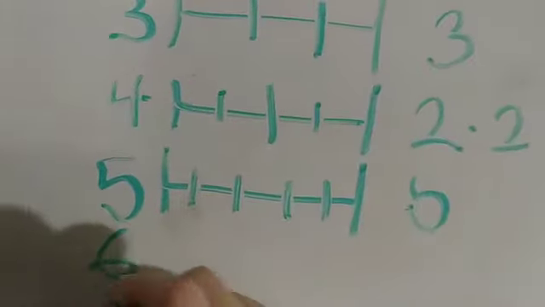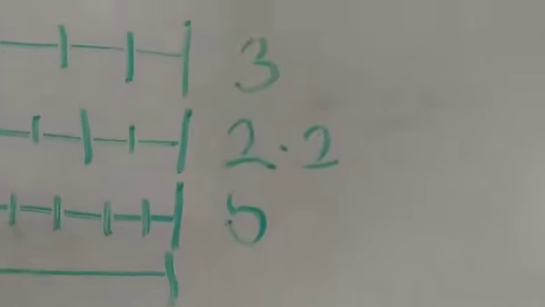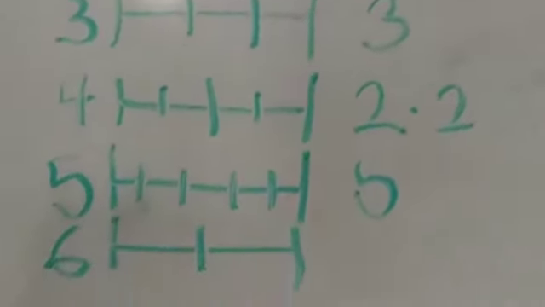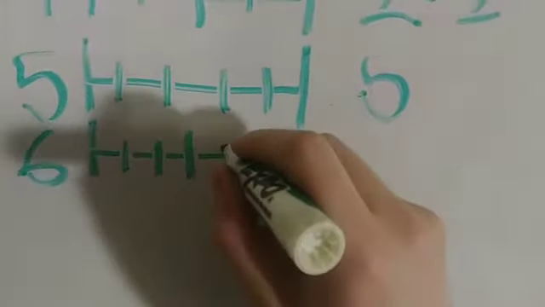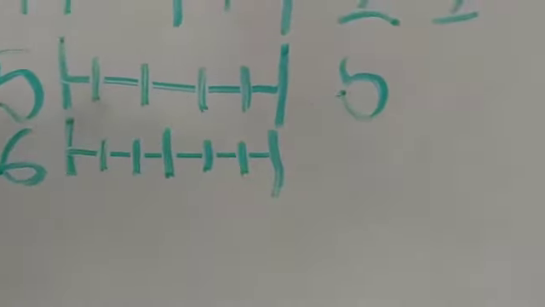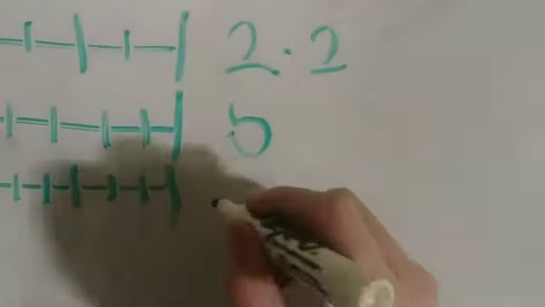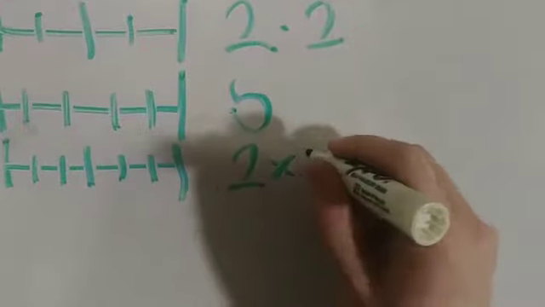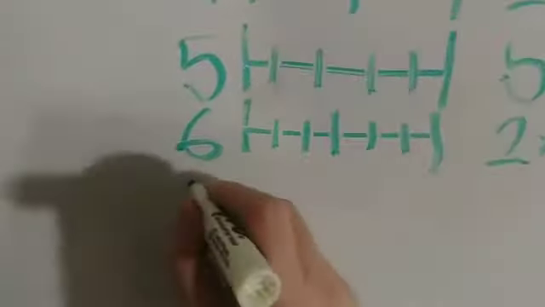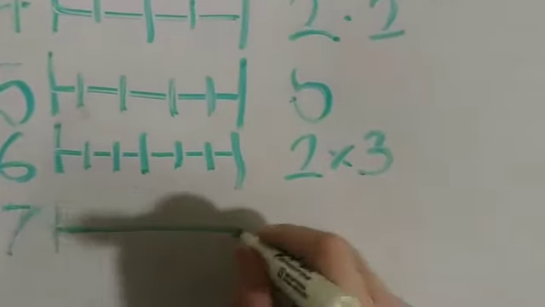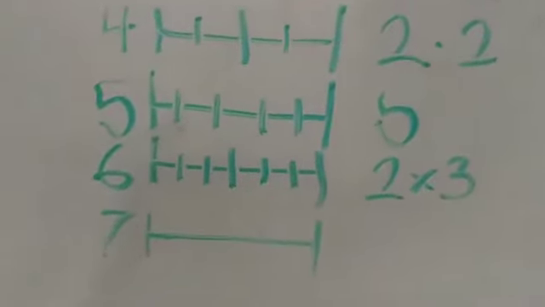6 is a really great number because it's the first one that uses 2 factors. 6 can be divided by 2, and then each segment that the 2 makes can be divided by 3. And so 6 is 2 times 3. 7 is just like 5, 3, and 2 in that it cannot be divided.